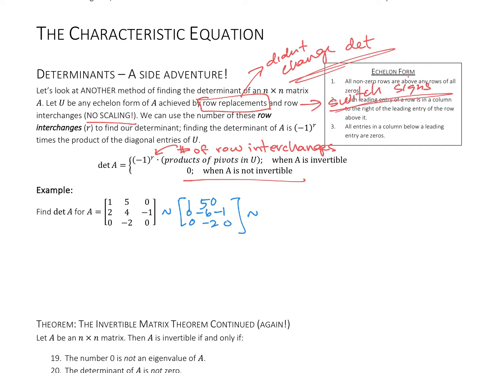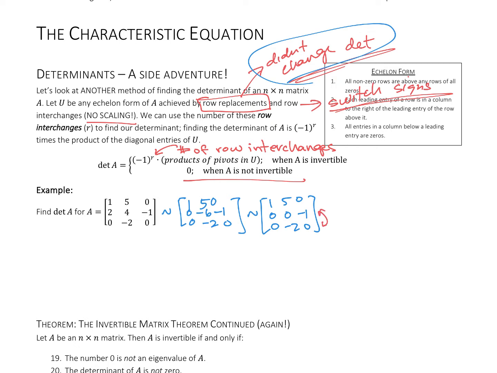So far I've not done anything that is going to change the value of my determinant. All I've done is some row replacements, and row replacements don't change our determinant. So 0, 0, -1, 0, -2, 0, and I'm so close to having a triangular matrix. All I need to do is switch these 2 rows.